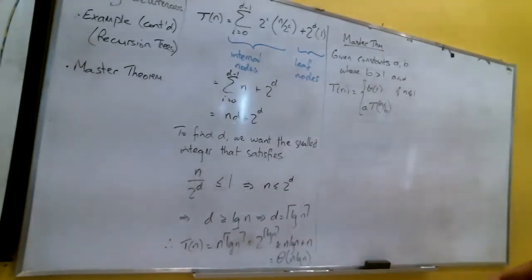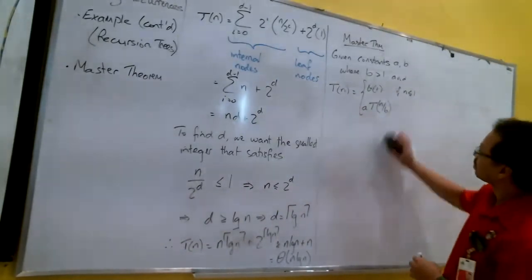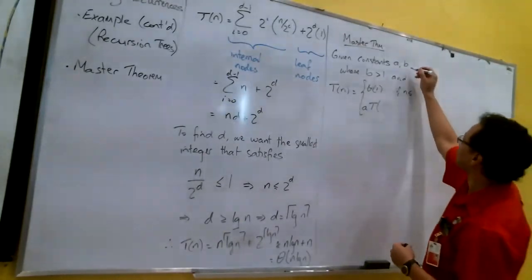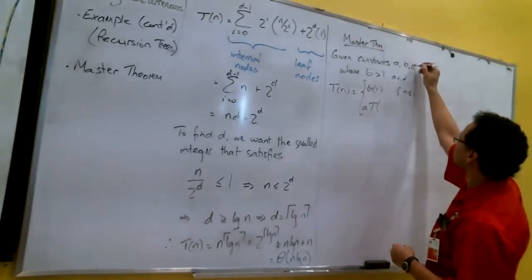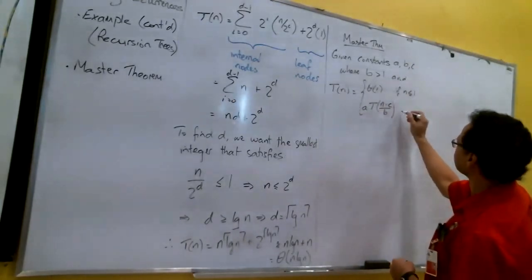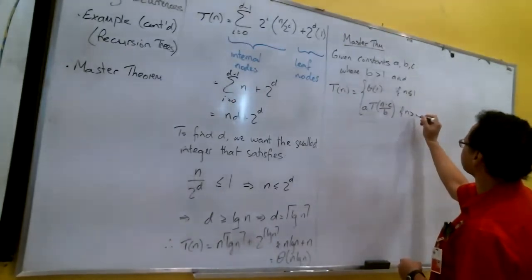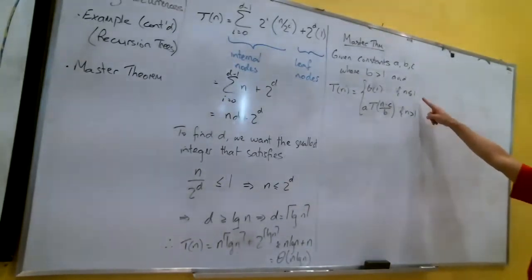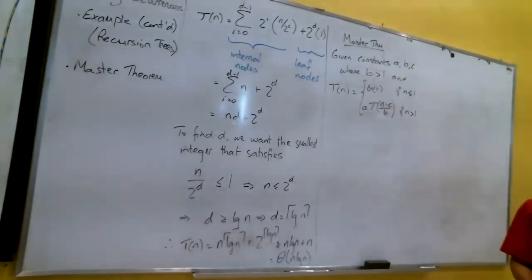Actually, I'm going to give you a slightly more generic version so that I don't have to give it to you again. And it actually works even if I have constants here too.